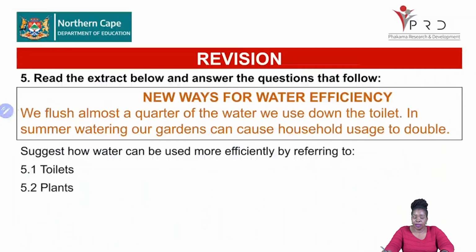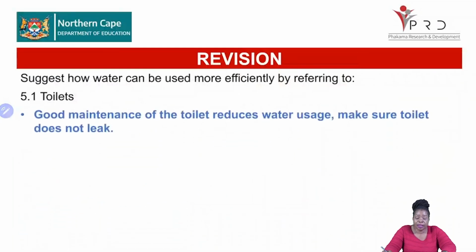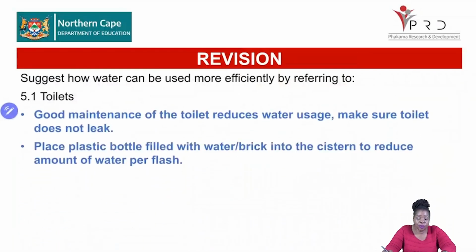I'm hoping we are done. Let's move on to the answers. The question says, suggest how water can be used more efficiently by referring to toilets. Right. Firstly, good maintenance of the toilet reduces water usage. Make sure the toilet does not leak.